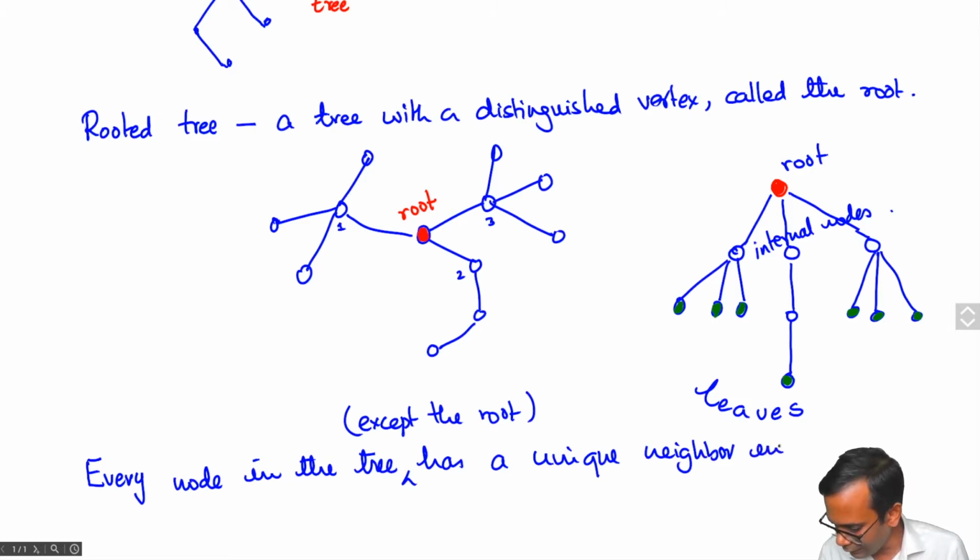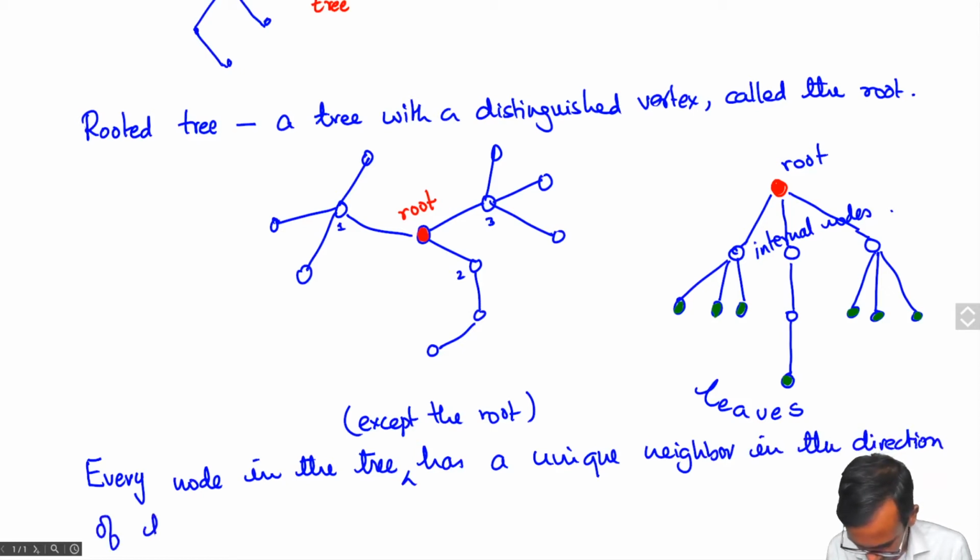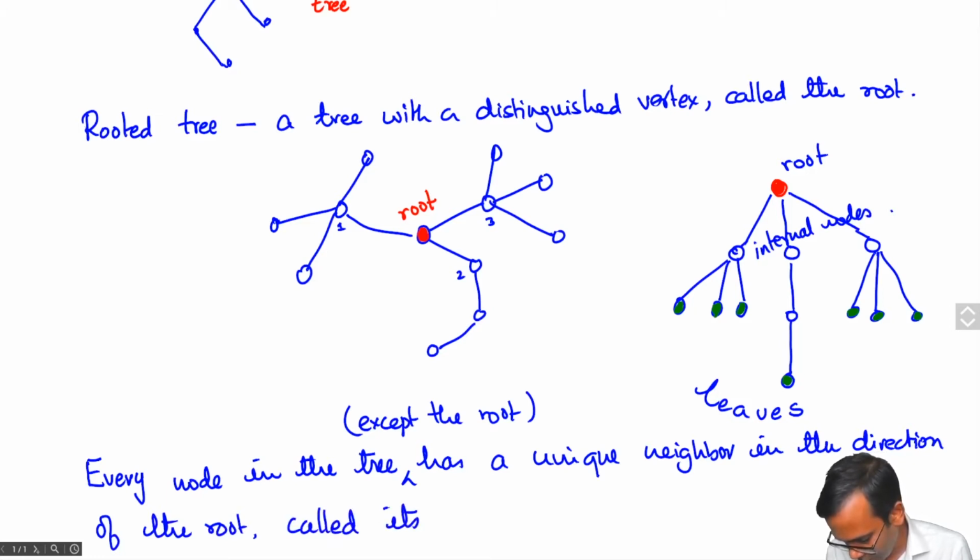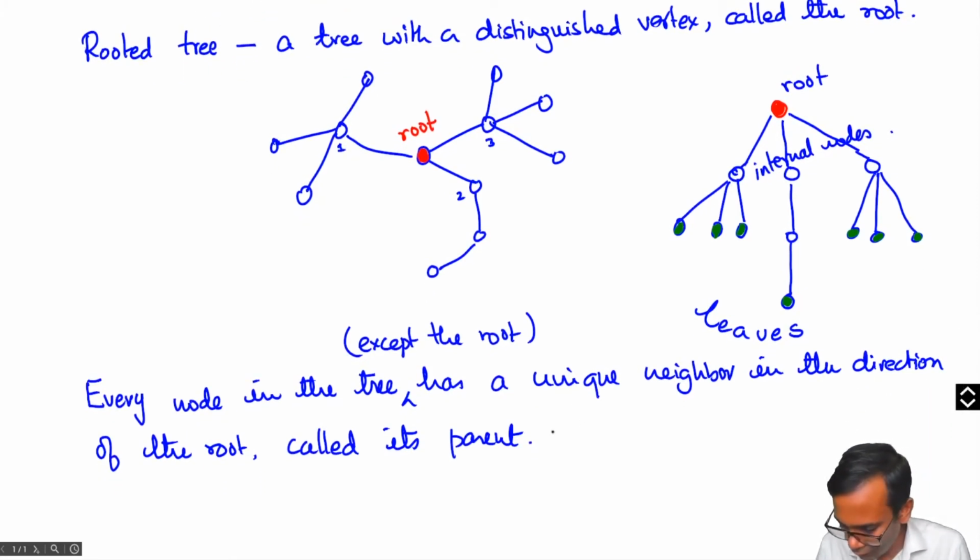So I'll call it in the direction of the root. Which is called its parent. So these three leaves have this parent. This parent itself has the root as its parent. And the remaining nodes are called its children.